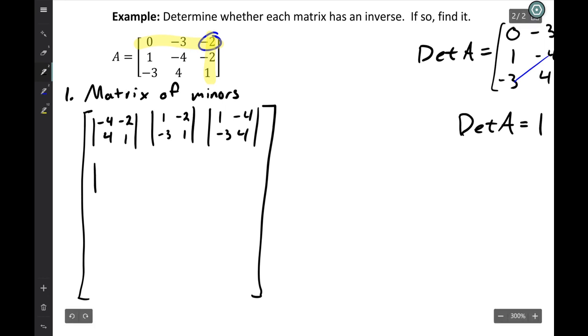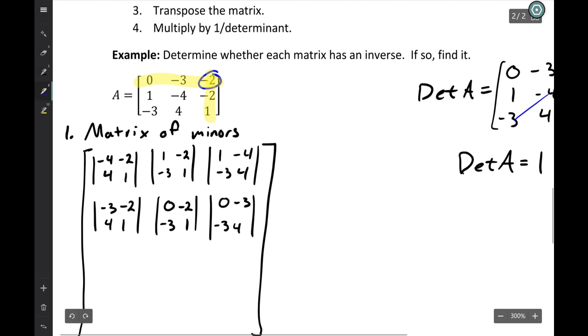massive matrix. Okay, so I got -3, -2, 4, 1. This one's going to be 0, -2, -3, 1. This one's going to be 0, -3, -3, 4. Okay, and I just got these by doing that same process up here.